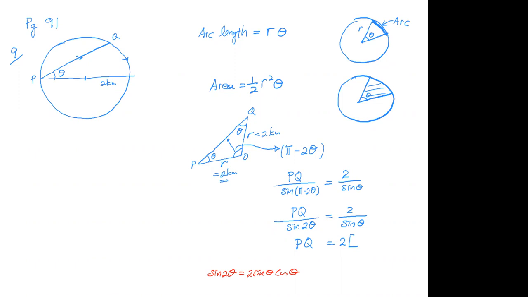So I'm going to replace my sin 2 theta as 2 sin theta cos theta. Then I cancel. So I prove. Done.